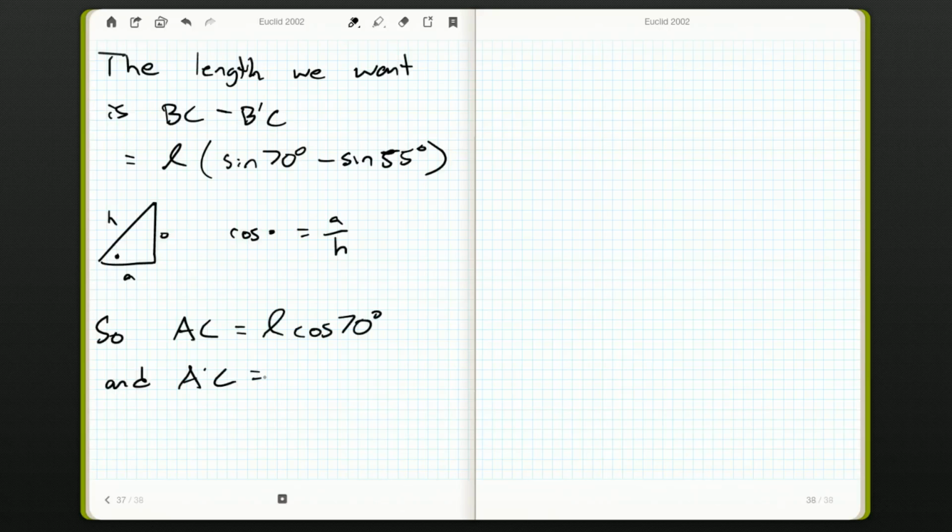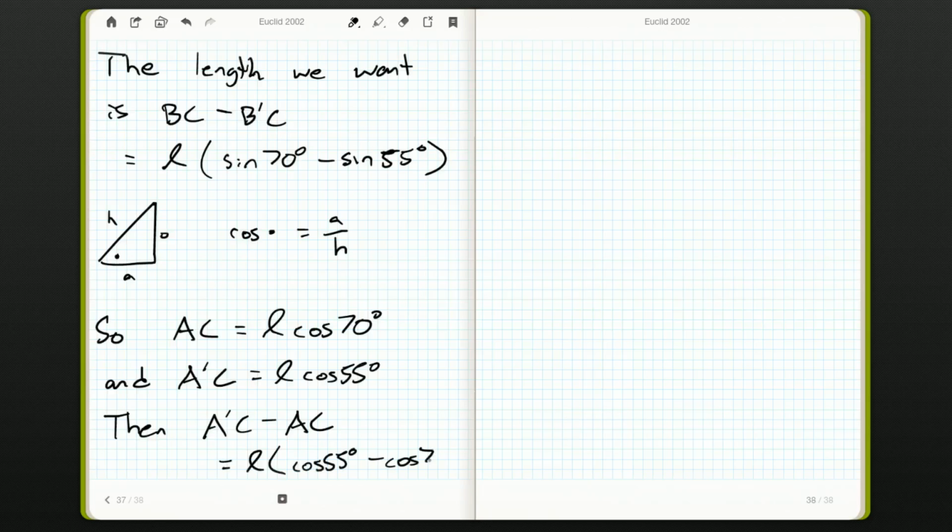And A prime C is going to be L cos 55 degrees. Okay. So this one's the longer one. So A prime C minus AC is, take out the L again, we'll get L cos 55 degrees minus cos 70 degrees.